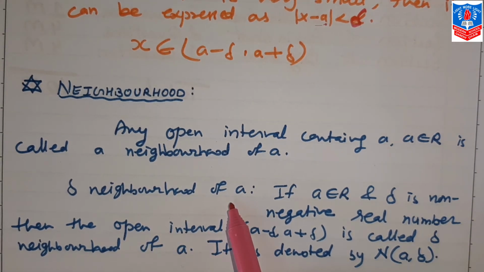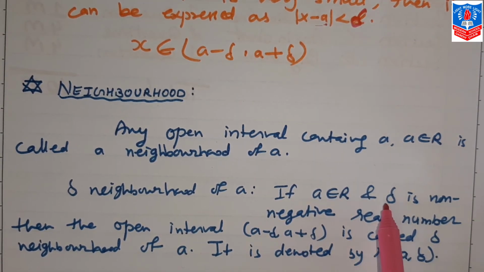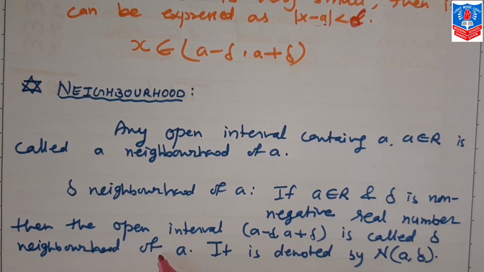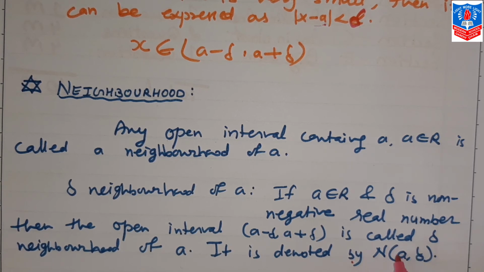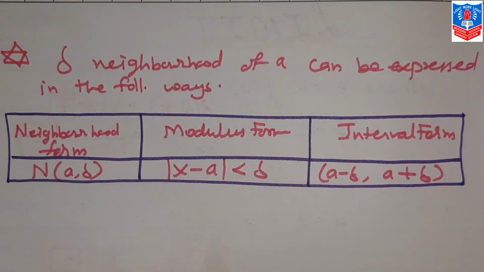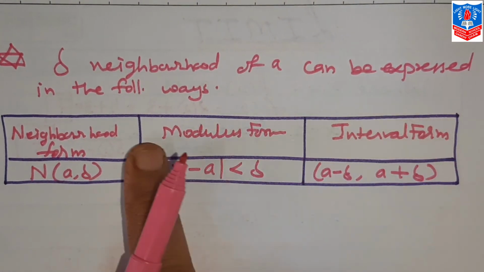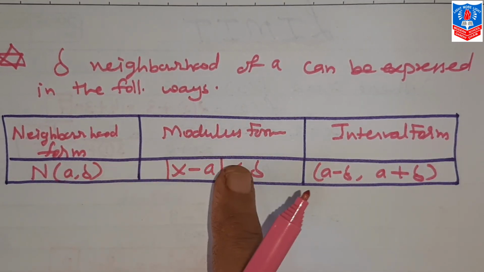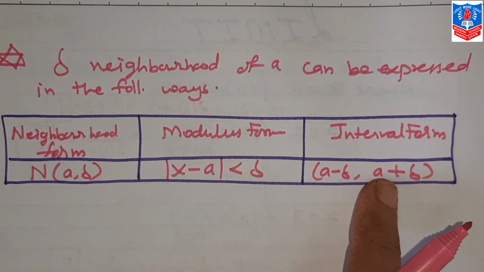Here, delta neighborhood of a: if a belongs to R and delta is a non-negative real number, then the open interval (a minus delta, a plus delta) in small bracket is called the delta neighborhood of a, which is denoted by N, that is neighborhood of a and delta. Delta neighborhood of a can be expressed in the following 3 ways: neighborhood form, modulus form and interval form.